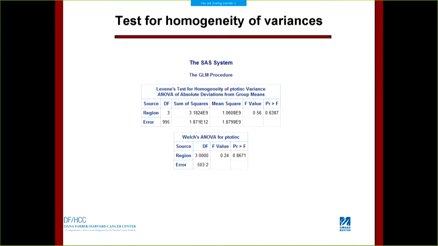Now, similar to the t-test, the one-way ANOVA is based on the normality of the dependent variable. We assume that the dependent variable follows the normal distribution, especially for smaller sample sizes.